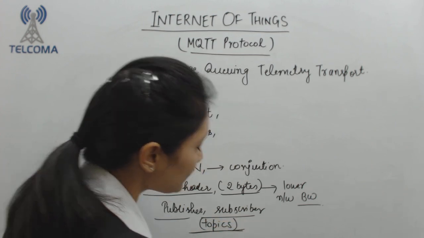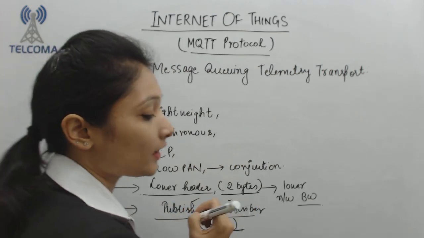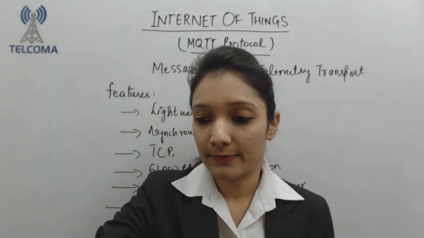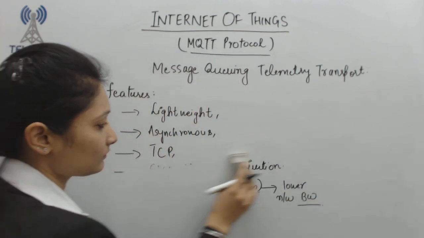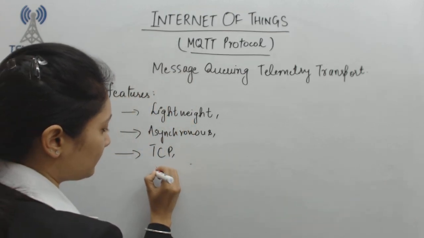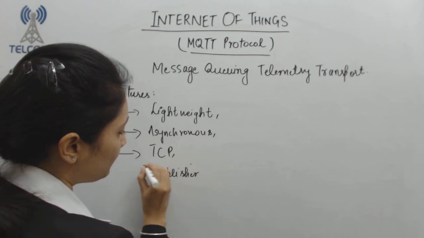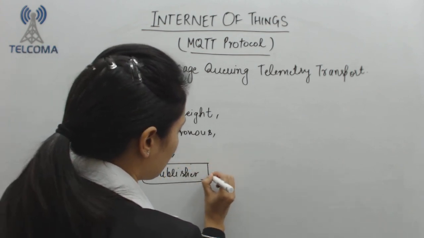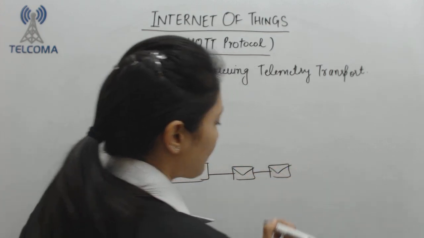Topics are basically your message queues which are exchanged between these two entities. So like you have a publisher who is generating such messages.